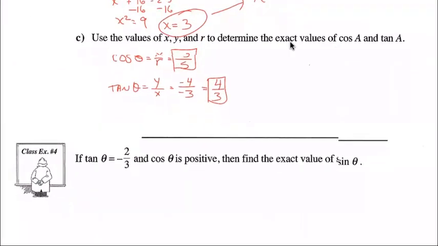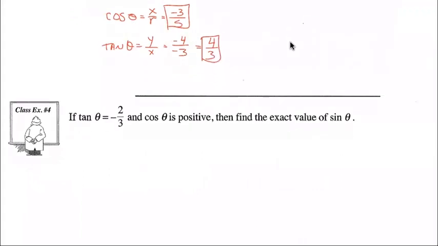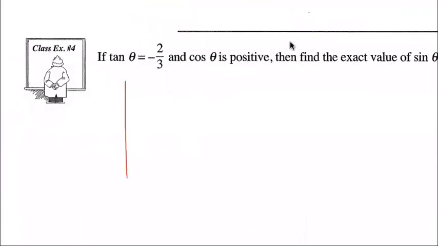Example 4. See if I can do this one with no mistakes. If tangent theta is -2/3 and cosine theta is positive, find the exact value of sine theta. So here we go. Here's our coordinate grid. Let's use our CAST rule. So we need to determine where this point could possibly fall.